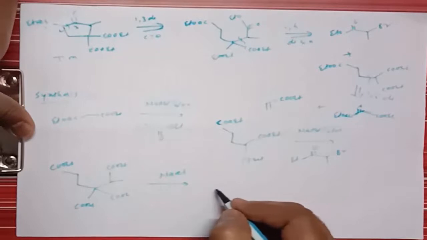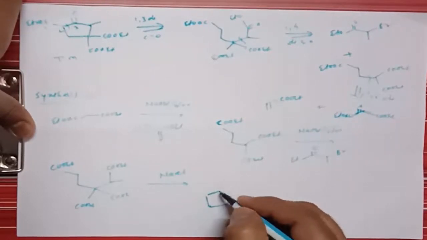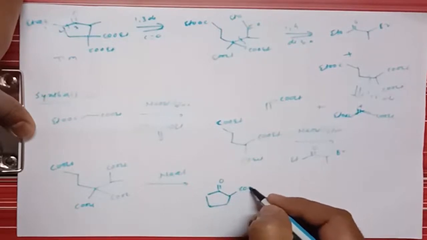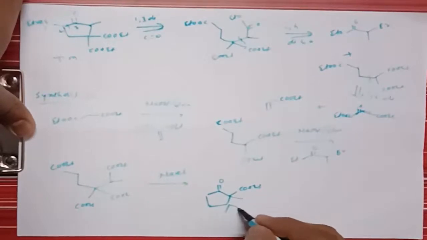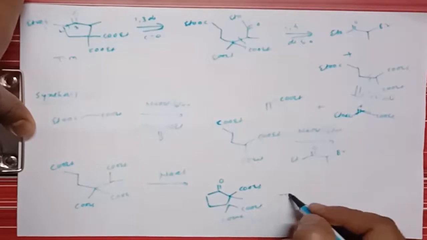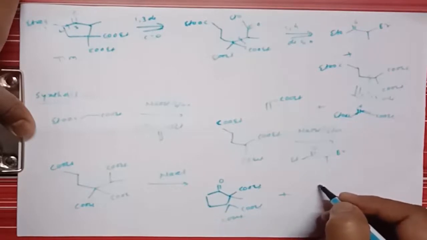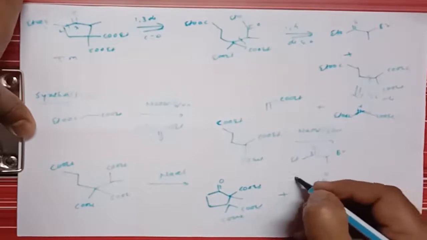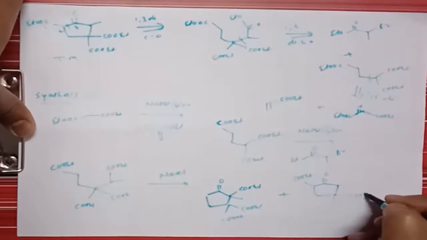One product will be like this, that is a cyclic system containing a double bond, then here is COOEt, then here is methyl, and here is COOEt, plus along with it gives another type of ester, that is COOEt, here is methyl, and here is COOEt.